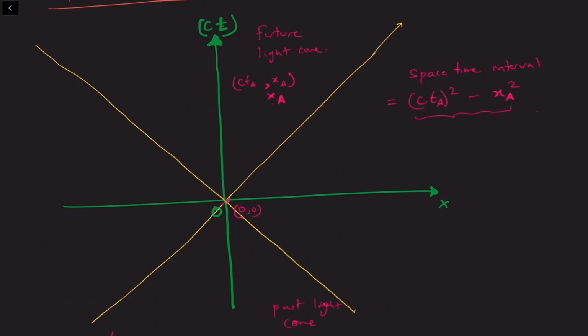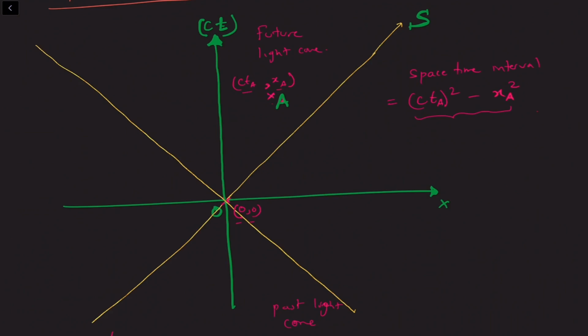And the reason why we should think of it as a measure of distance is because if we take a different inertial observer who is moving with respect to our observer or our frame S, in which we've labeled these space-time points, that different observer would also measure the same distance or the same space-time interval between the space-time point O and the space-time point A. So a different observer might have a different labeling for the space-time point at O, and a different labeling for the space-time point at A. But they will agree with the observers in frame S about the space-time interval between these two space-time points.